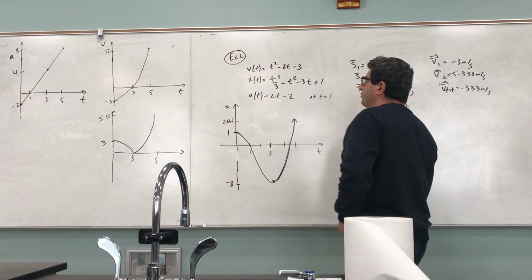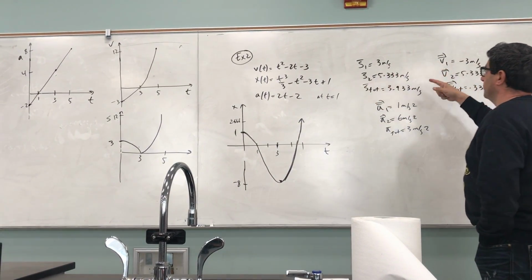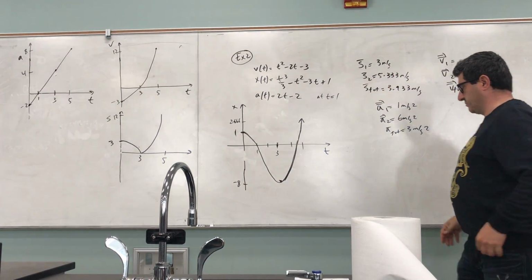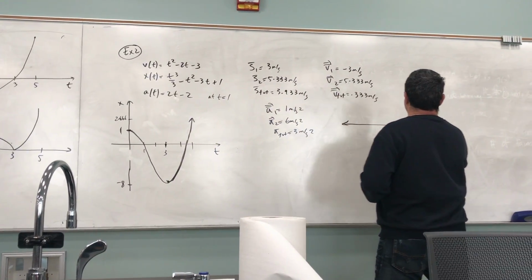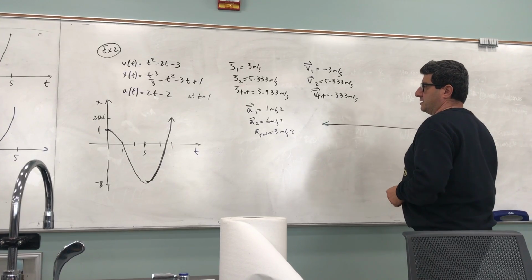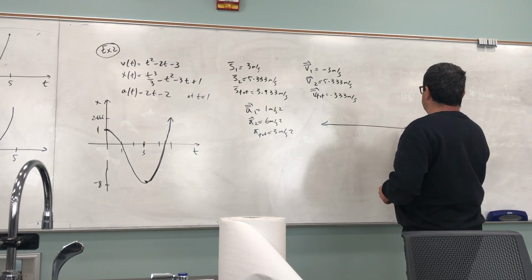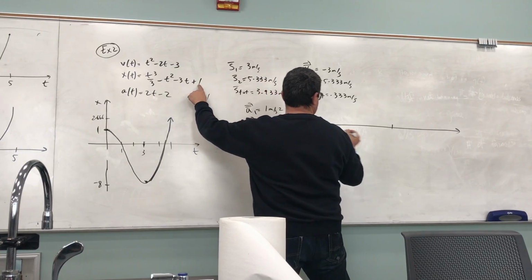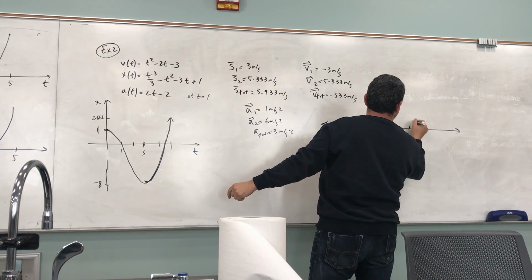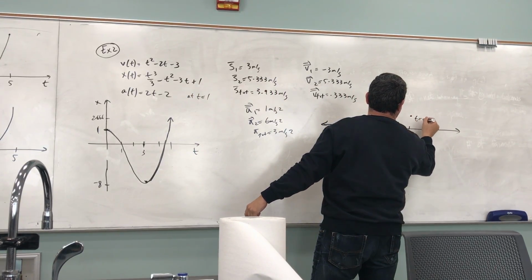If we go back to how we solved these things, we can check how we did that. Remember we drew the path of the particle. We said that the particle starts at 1 at t equals 0.